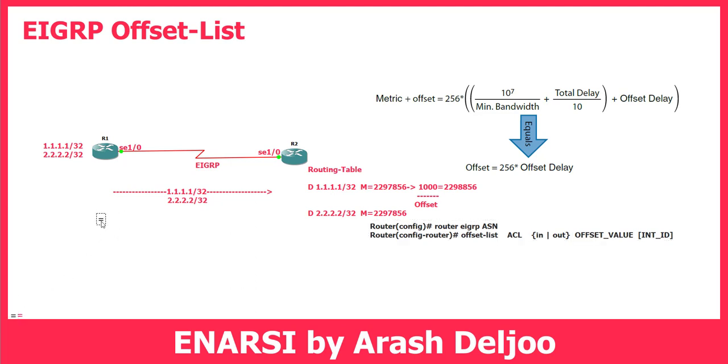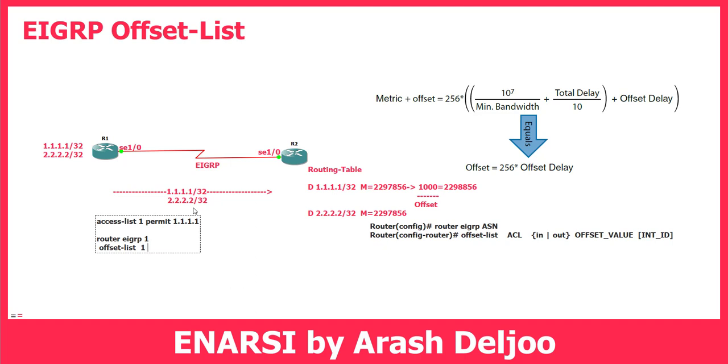Look at here. In router 1, we are configuring one ACL: access-list 1 permit quad 1. Then under router EIGRP 1 you can configure the offset list. What is the list? List means the ACL number or, for example, the ACL name. Here the ACL number is 1. Let me use offset-list 1, okay?